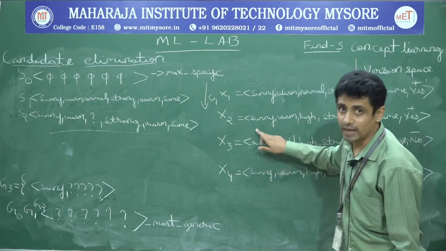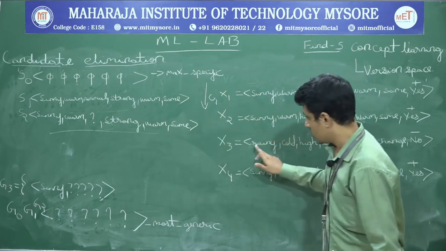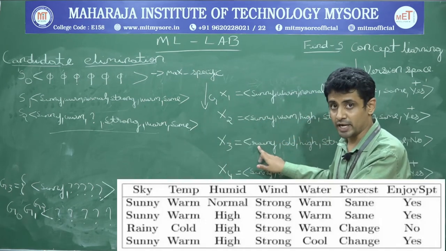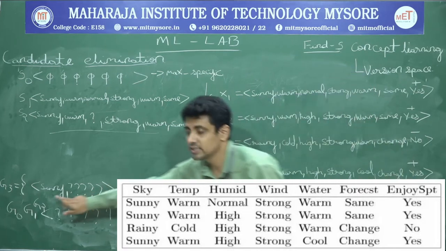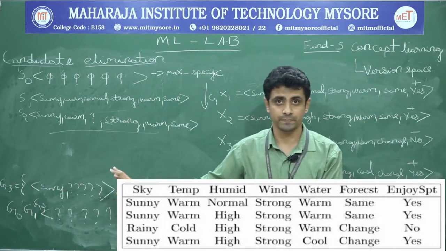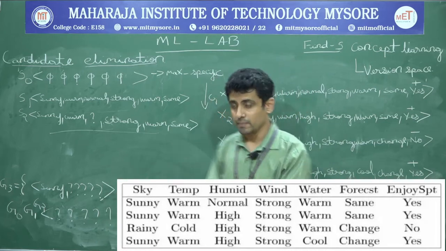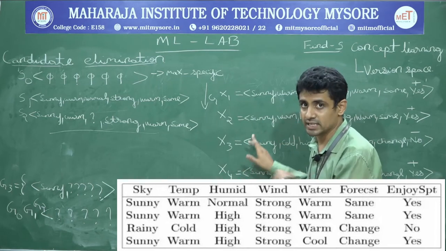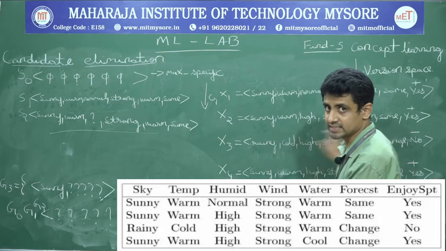What are the other possible values for rainy? It can be sunny. To classify as positive and not negative, the first attribute should always be sunny. Always when you want to classify something positive based on a negative example, it says here that it is rainy, so it is a negative example.